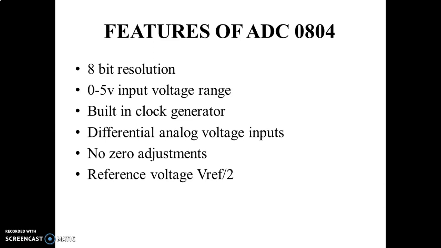Step size: it is also one of the features of ADC 0804, and the step size is the voltage difference between one digital level and the next digital level. So these are some of the features of ADC 0804.